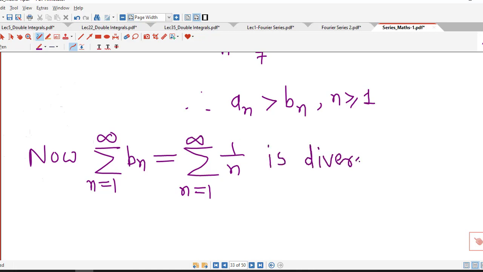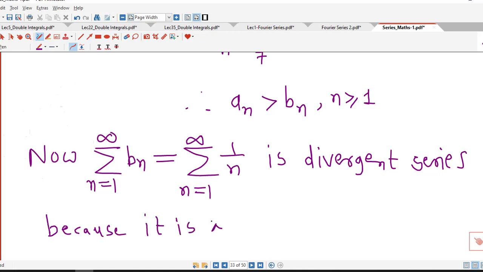This is the famous series known as harmonic series, which we have discussed in the previous lecture, is a divergent series because it is a p series with p equal to 1, and we know that a p series is convergent if and only if p is greater than 1.